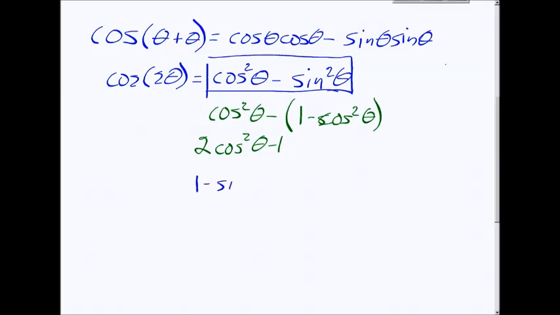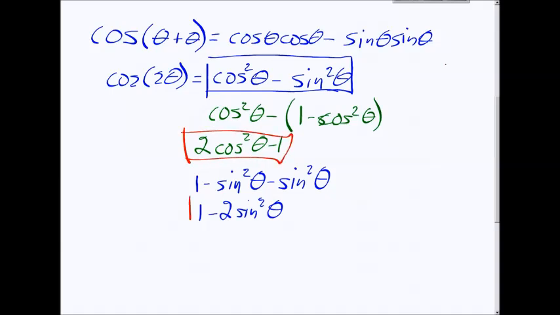So we'd have 1 minus sine squared theta minus sine squared theta, or 1 minus 2 sine squared theta. So all 3 of those are identities for cosine of 2 theta.